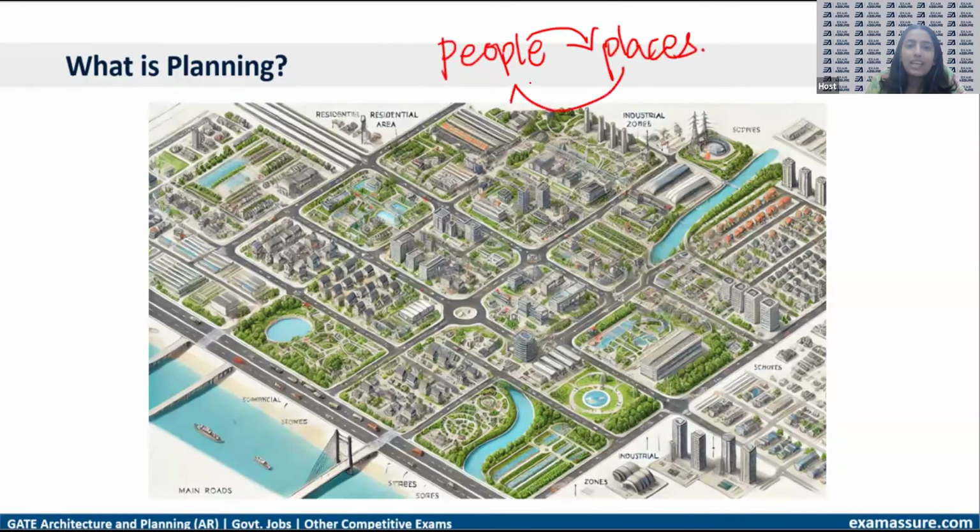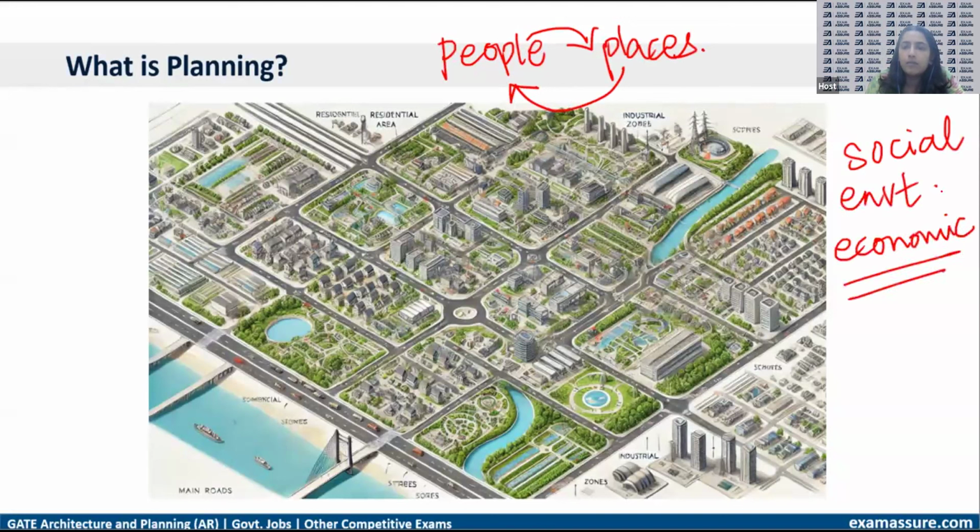It is to enhance the quality of life of the people who are living in or who are going to be the users of the particular place. Of course, you have consideration of social, economic, and environmental factors as well. Okay? I hope everybody is clear with this.